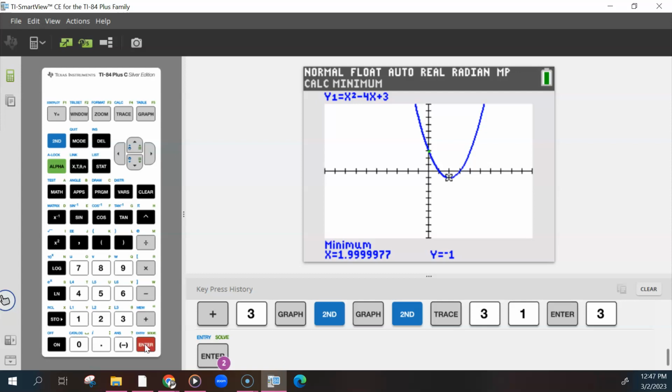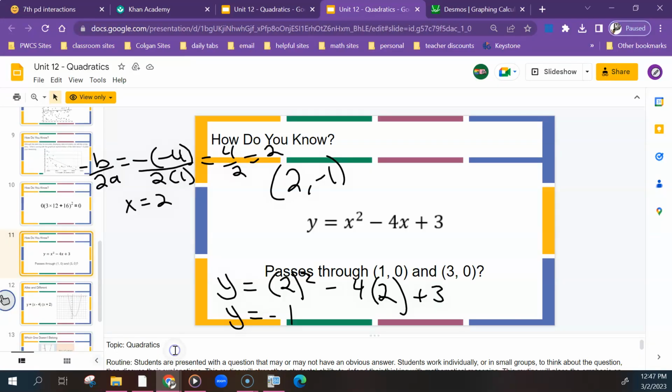There were a couple others. One, you may have not thought about this, but you are given x and y values. You could have put in this x value, put in this y value, and seen if it equals. Same thing for the 3, 0, and it should have worked for both.